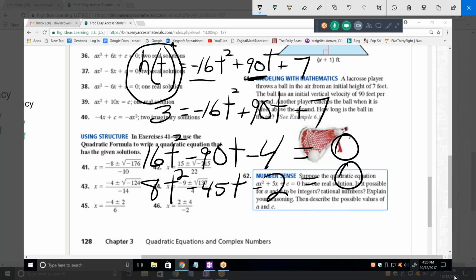And we can solve for t by 2 methods, either factoring it or using the quadratic formula. And I can see that factoring is not going to work. There's no way 2 times 8 gets you up to 45. So we've got to use the quadratic formula to solve this for t.